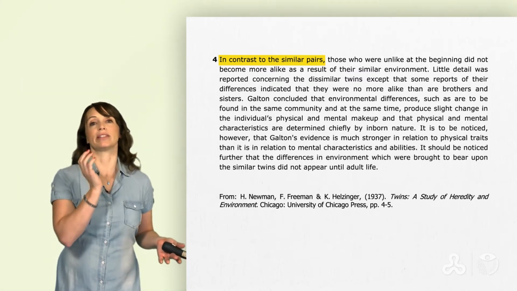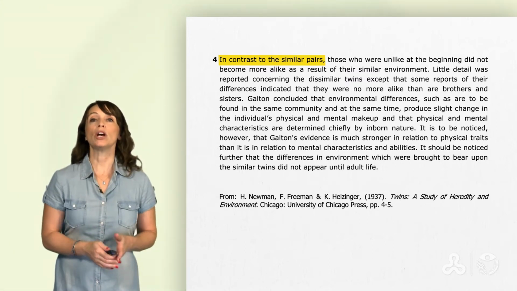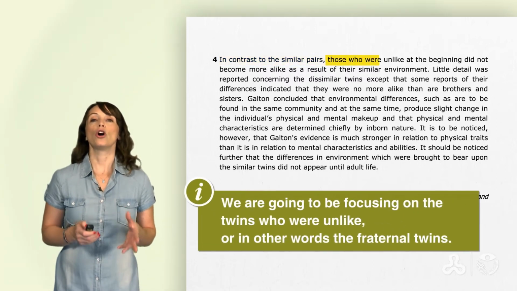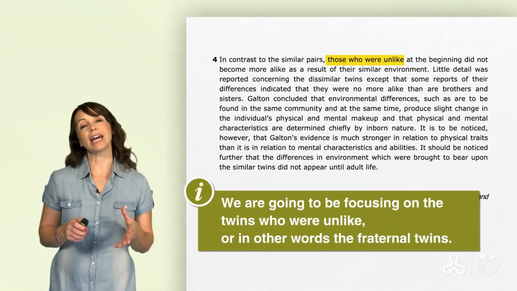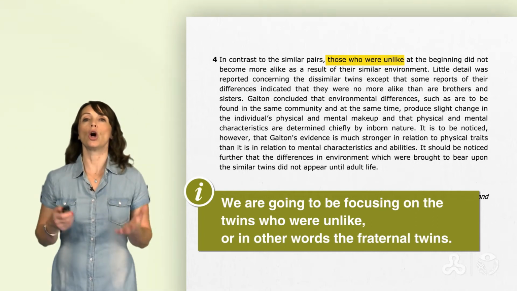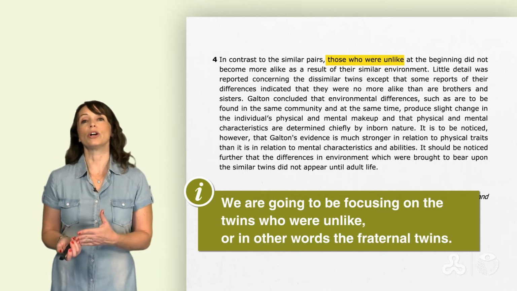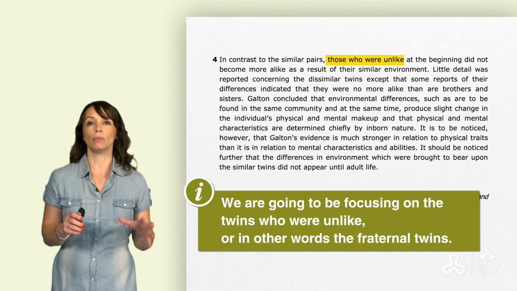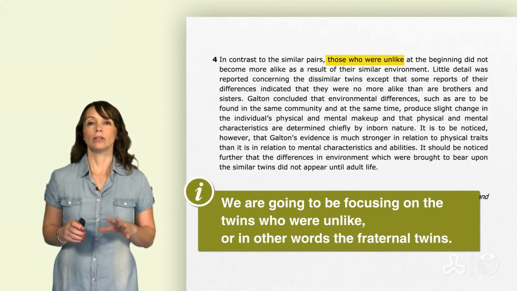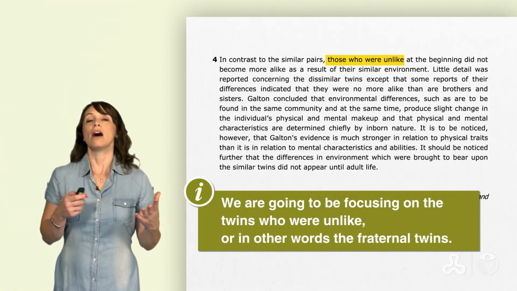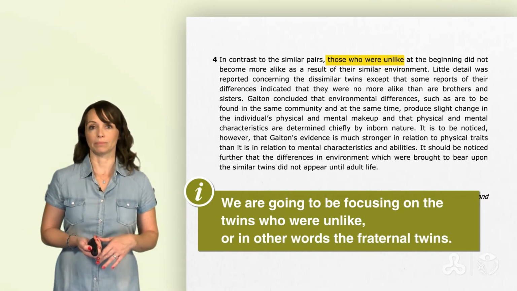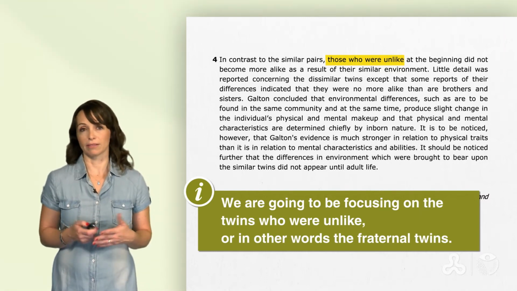Now, in contrast to them, we are going to focus on those who were unlike, or in other words, the fraternal twins, who are twins but look like regular brothers and sisters.